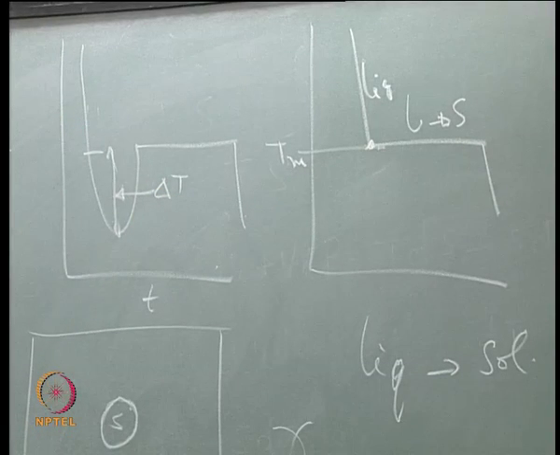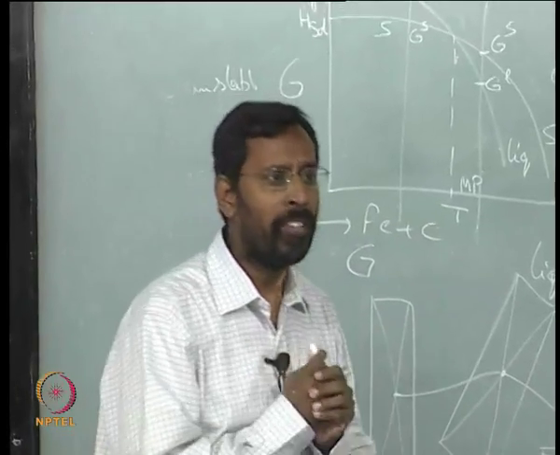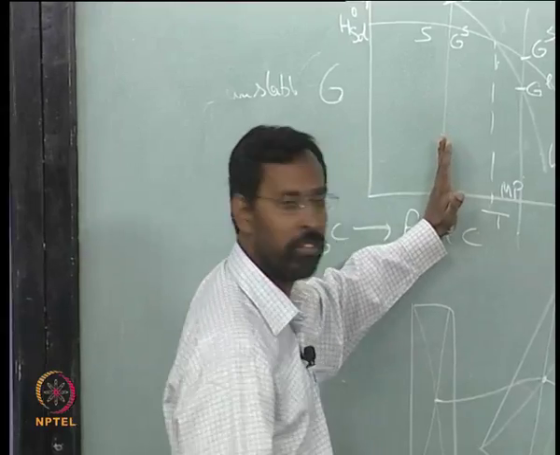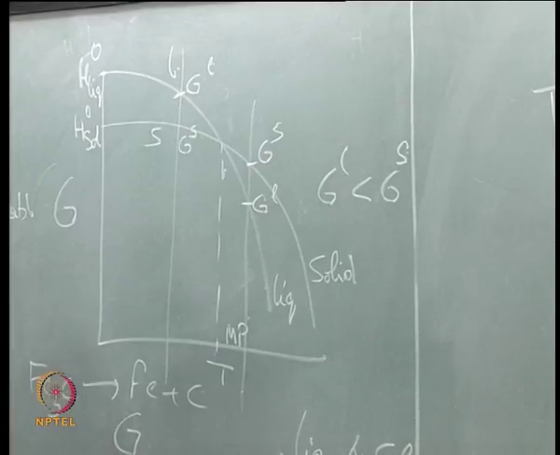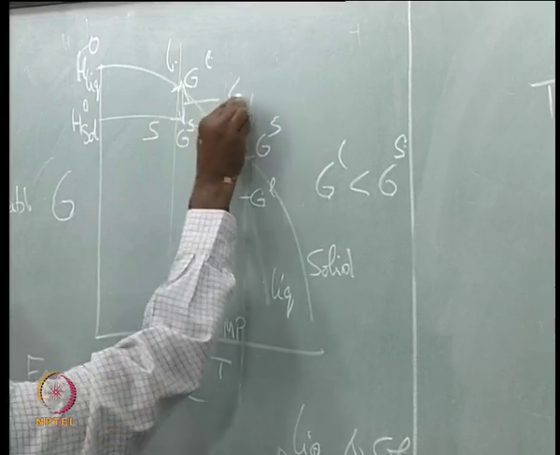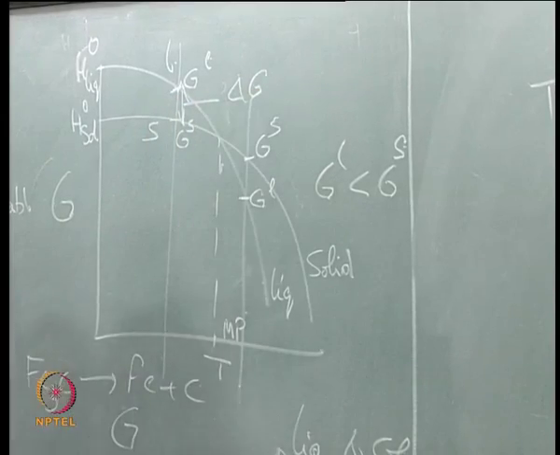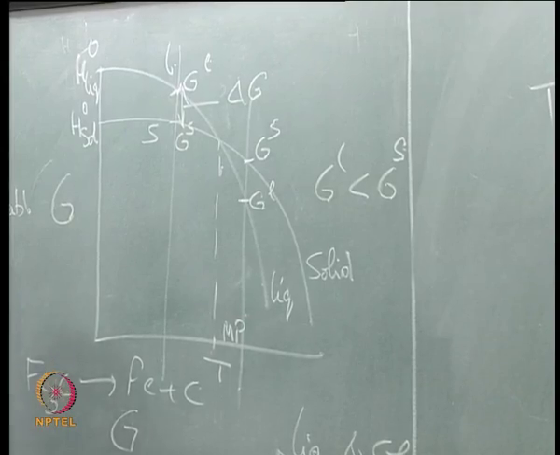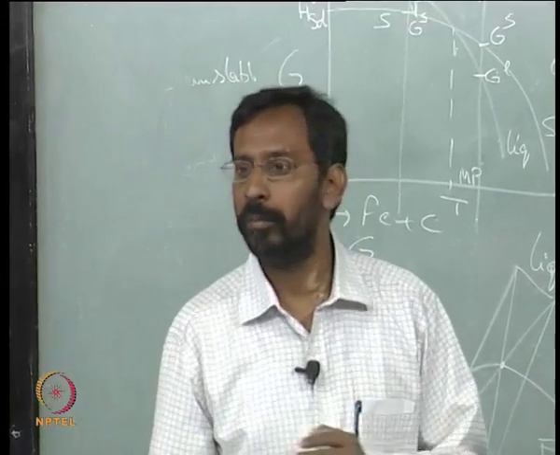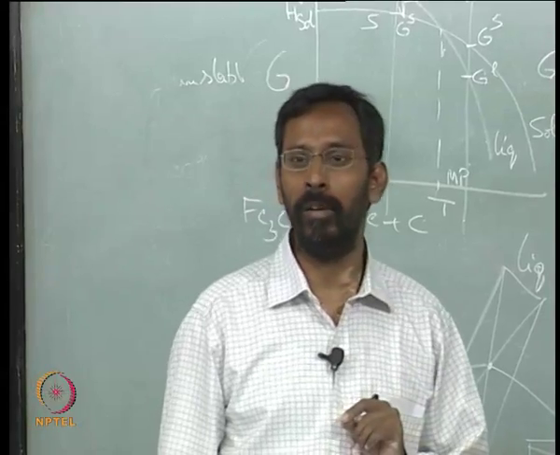When you provide that undercooling, what is happening to the free energy? Let us say from the melting point I have brought it to this temperature. Once I bring it to this temperature, there is a certain driving force. At the melting point, what is the driving force? Zero, and that is what we define as equilibrium.